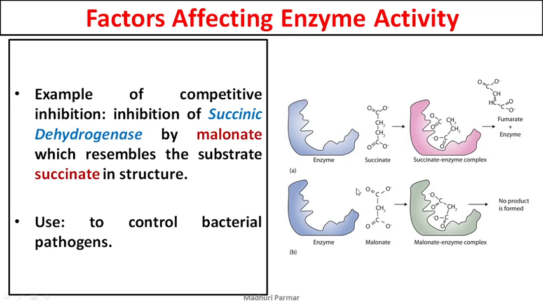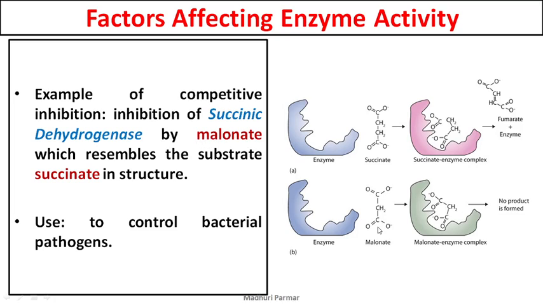An example of competitive inhibition is inhibition of succinate dehydrogenase. Remember, succinate dehydrogenase is an enzyme you find in the TCA cycle. It normally binds to succinate, which is this molecule, and then you get fumarate plus the enzyme. This is the reaction. In some places, instead of succinate, a similar compound called malonate can bind.